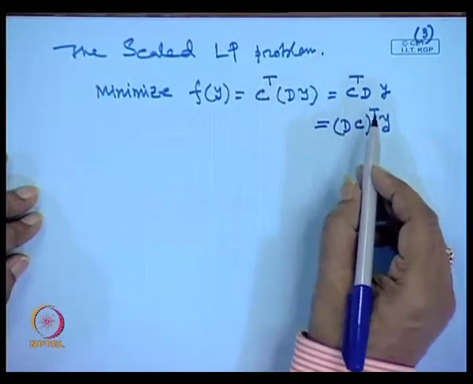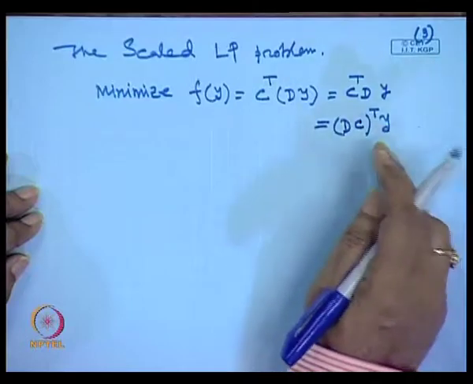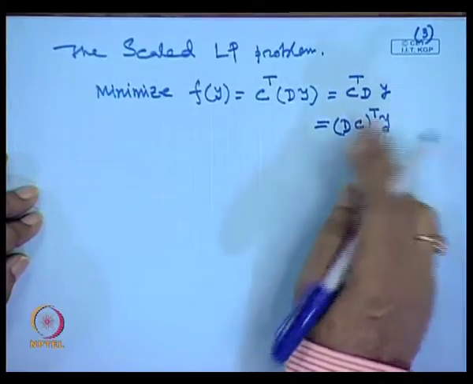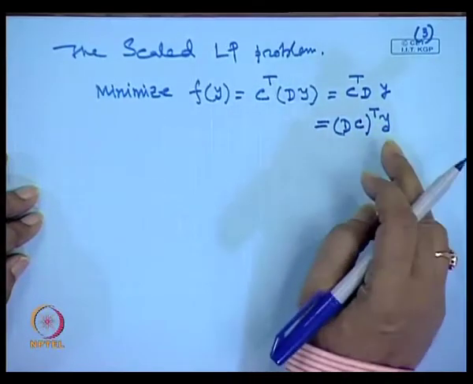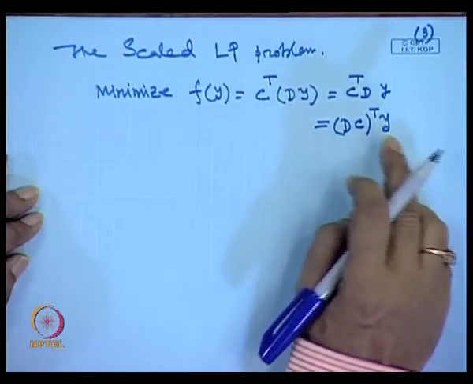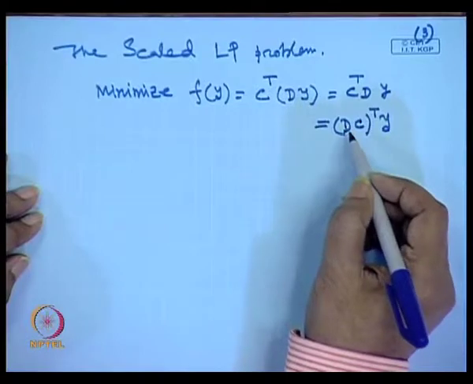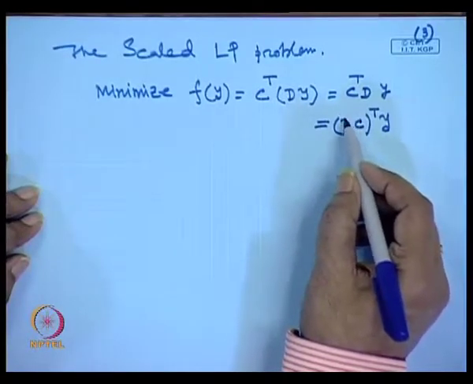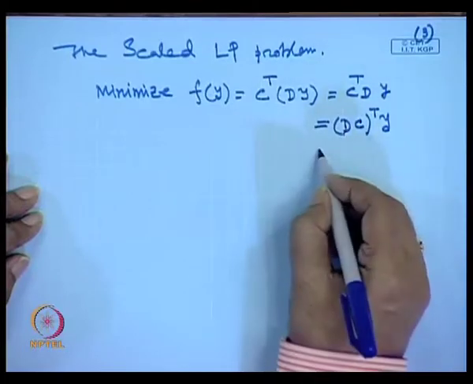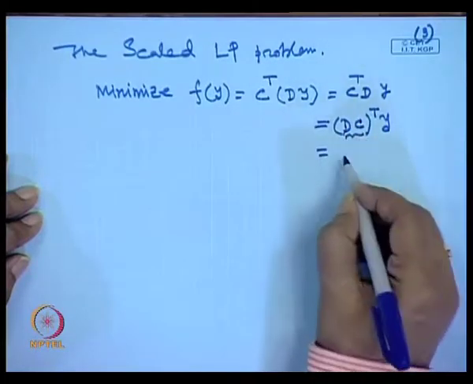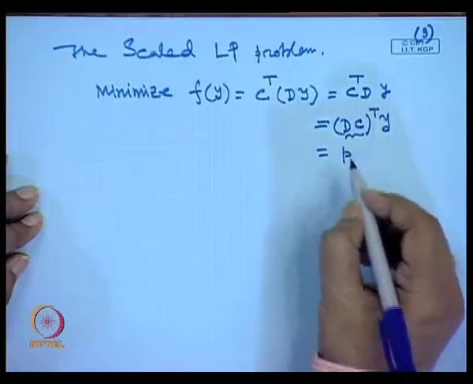That means, we know the properties of the transpose of a product of matrices, we can write it in reverse order with each matrix transposed. Since D is a diagonal matrix, we do not need to write D transpose here. So, let us call this DC, which I denote by small p.